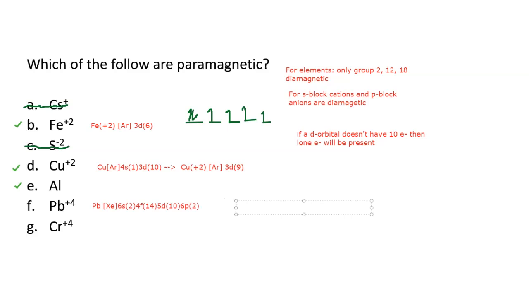We remove 2 electrons. The next highest is 6s. So lead 2 plus is xenon 4f14 5d10. So completely filled f and d orbitals, no lone electrons. So it's going to be diamagnetic. So we can cross it out.